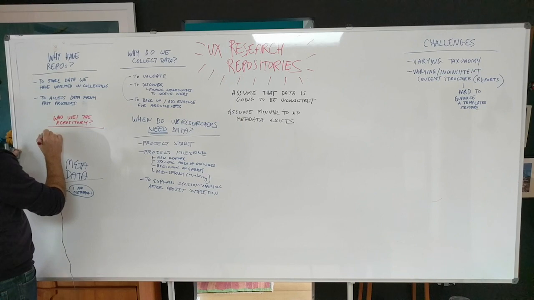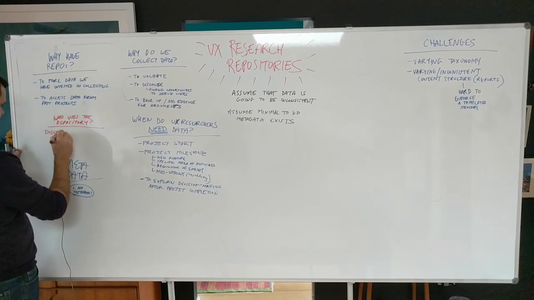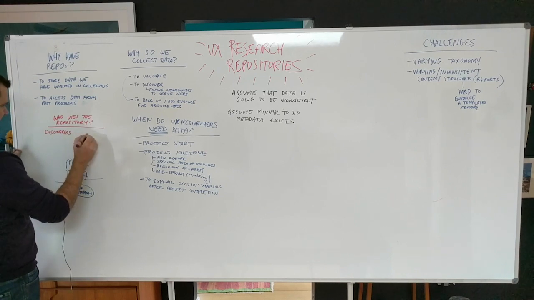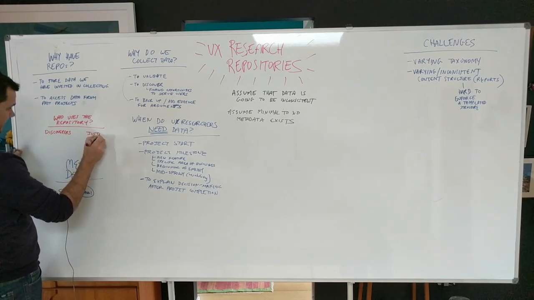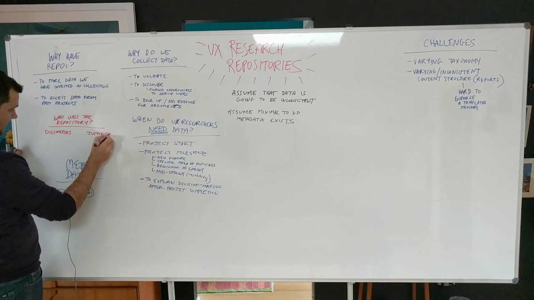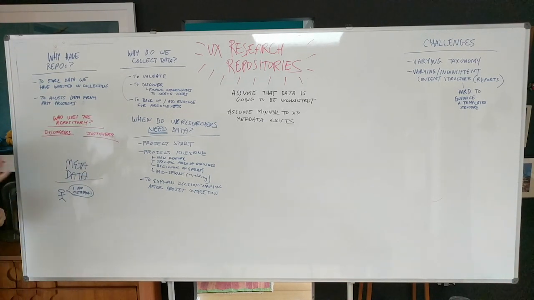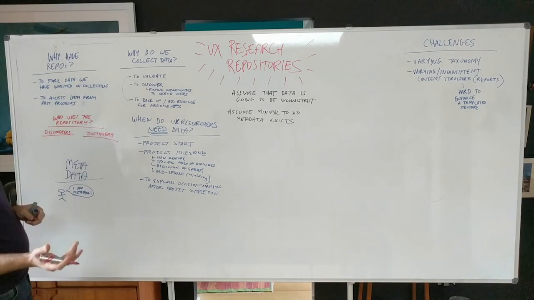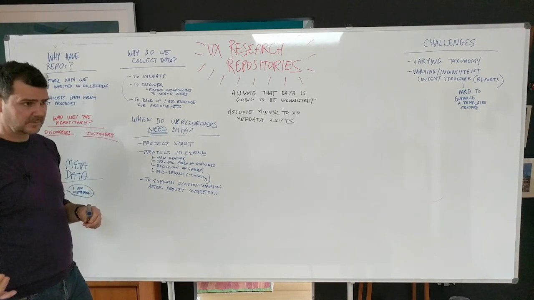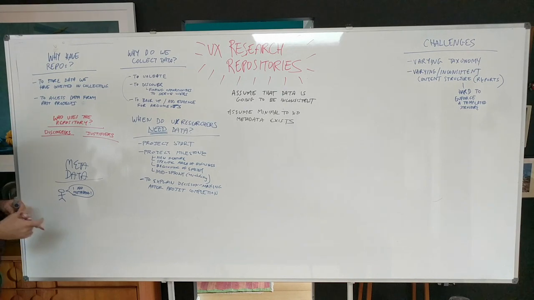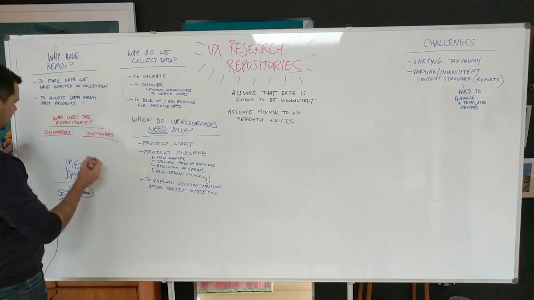So we'll say discoverers and justifiers. There are those who would look to the repository to learn, and there would be those who use the repository to get what they want.